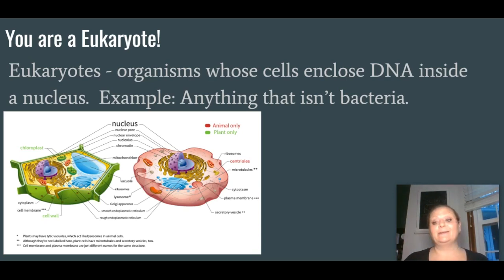They're more complicated organisms. Eukaryotes are sometimes capable of being multicellular instead of just a single-celled organism. So just something to keep in mind. You are a eukaryote. Prokaryotes are bacteria. Pro means no nucleus.